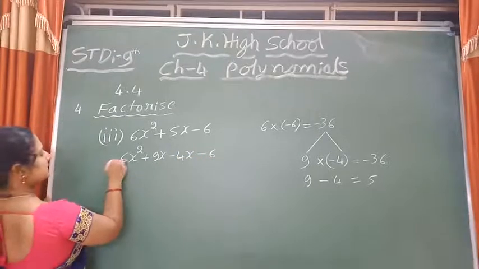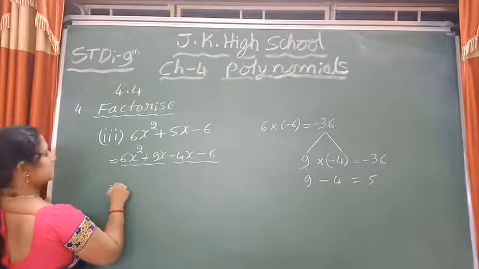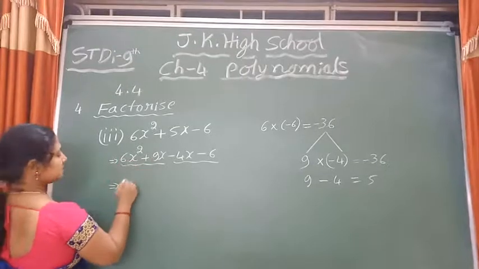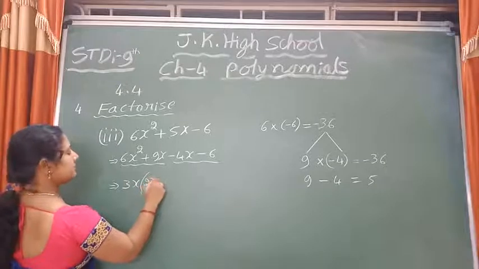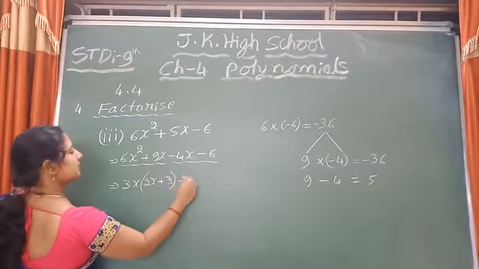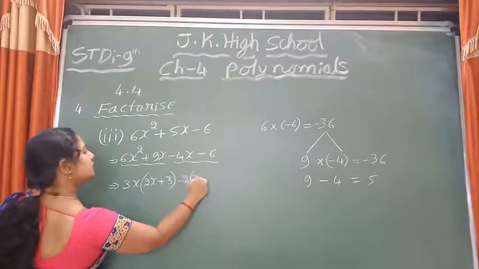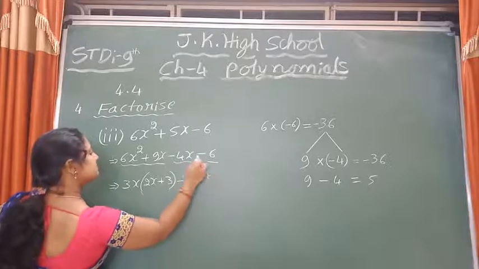Okay children, the next two terms you do grouping. Then in these two terms, what can you take as a common? In both the numbers it comes in the 3 table. 3x, 3 2s are 6, 3 3s are 9. So in these two numbers minus you can take as common, 2 you can take as common. 2 2s are 4. 2x minus into plus it becomes minus.